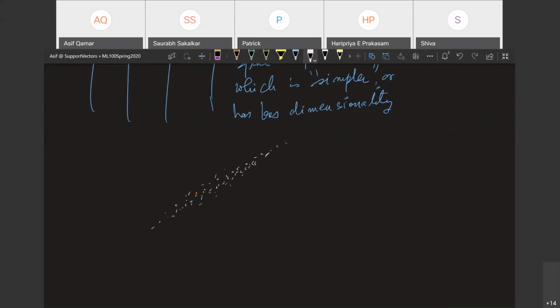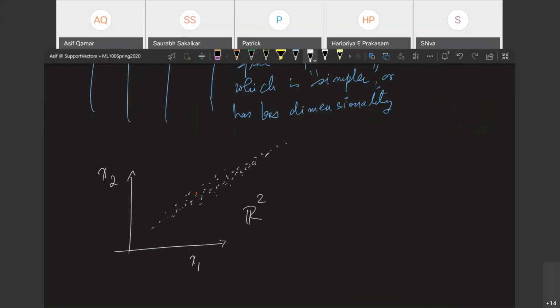This is your x1, x2 axis. And data comes to you like this. Data therefore exists in 2 dimensions, isn't it?